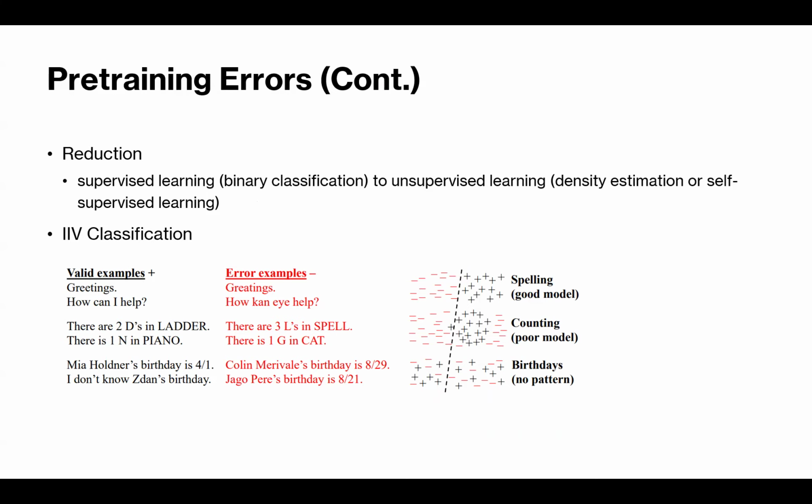So they have used an approach of reduction, where we reduce one problem into another problem and solve that to get the answer to the original problem. They have reduced this problem into an IIV classification problem, where IIV stands for "is it valid". Analyzing generation of a valid output is always difficult.